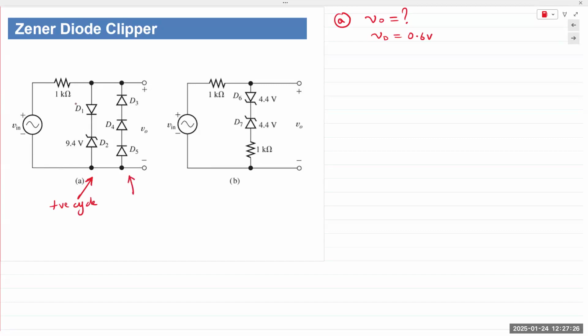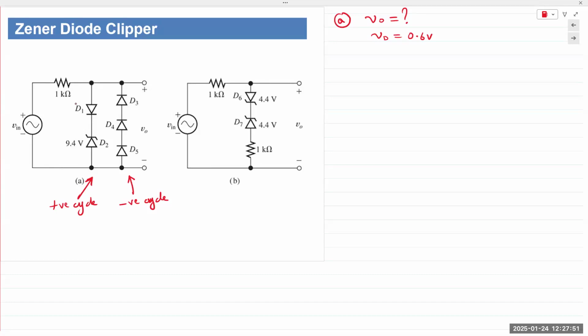And the branch on the right affects the negative cycle. Right? Because on the right the anode is connected to the negative, and on the left the anode is connected to the positive. So the left branch affects the positive cycle, and the right branch affects the negative cycle.